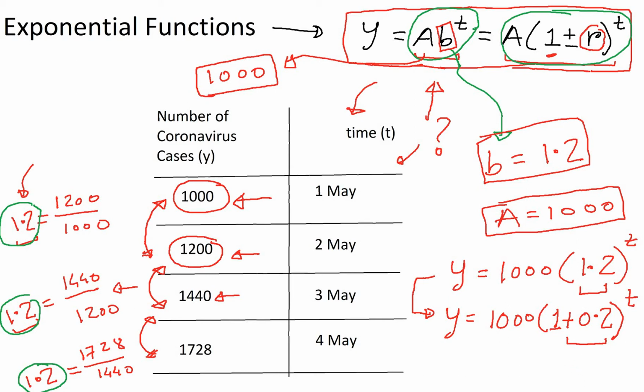I actually forgot to introduce you to the data set. In this particular data set, we are trying to analyze and study how the number of coronavirus cases are increasing in a particular country or city. These are the daily cases reported. As you can see, the interval is 1 day.